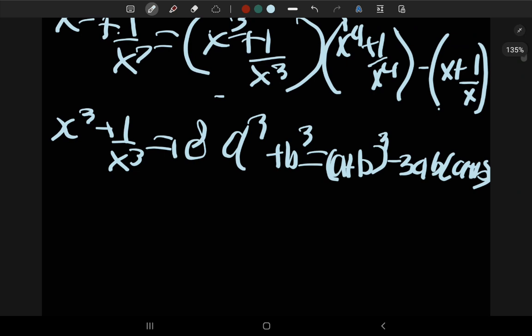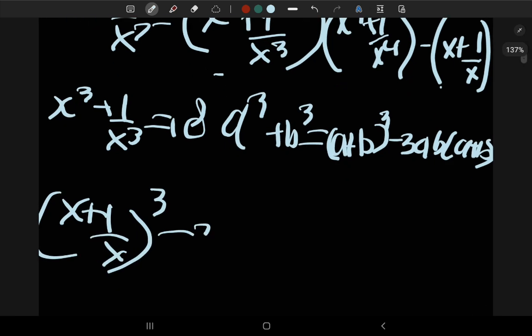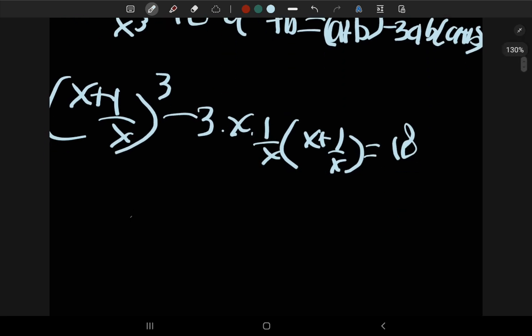So if we substitute x cubed plus 1 over x cubed, we simply get x plus 1 over x cubed minus 3 times x times 1 over x times x plus 1 over x is equal to 18.